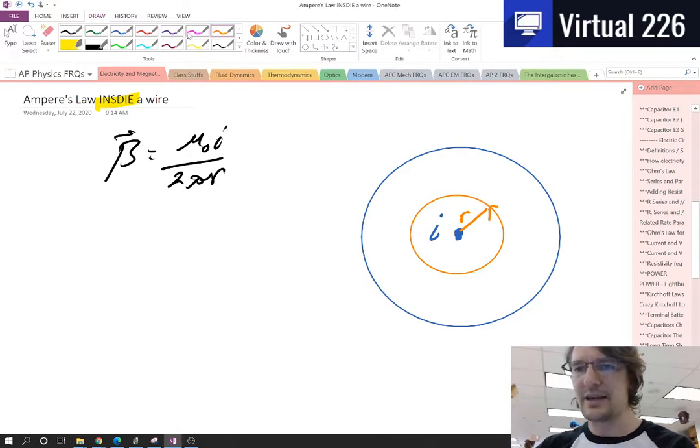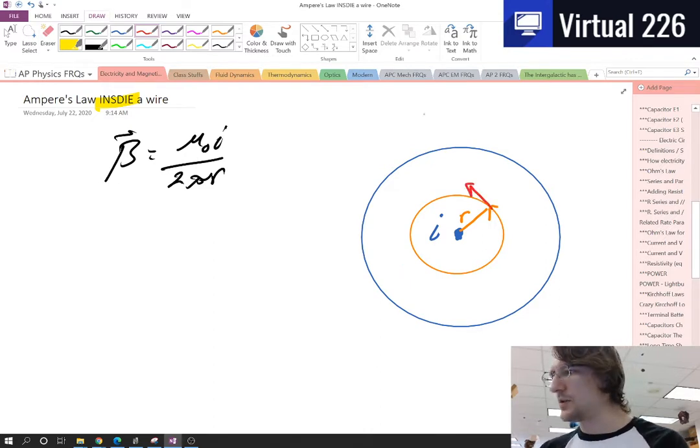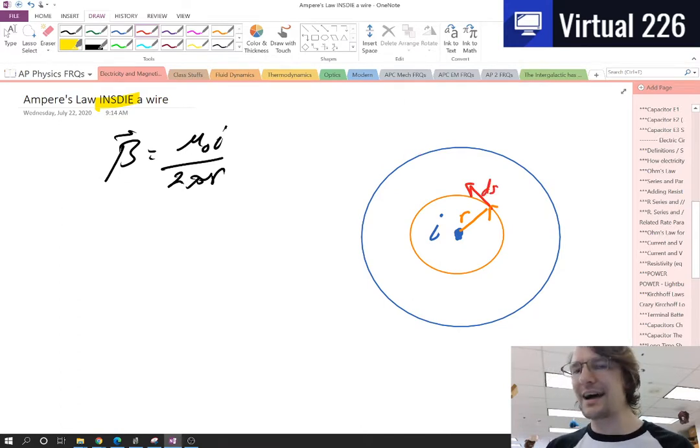And what's nice is that the B field that this wire generates is going to be in the same direction as this loop, so that at any given point, a small bit of the loop, a small bit of ds, is in the same line as the B field.